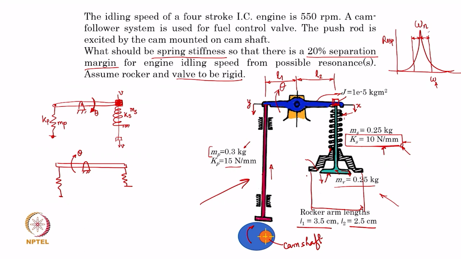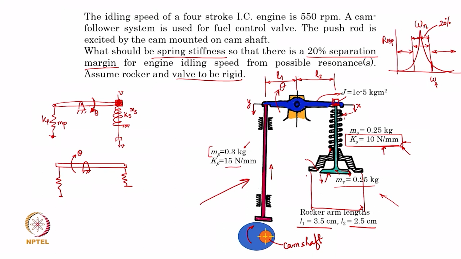Are we going to lie either in this region or in this region, to avoid closeness to the resonance region? That is what the separation margin is all about. So, the frequency difference between the natural frequency and the excitation frequency should be 20% of the natural frequency.